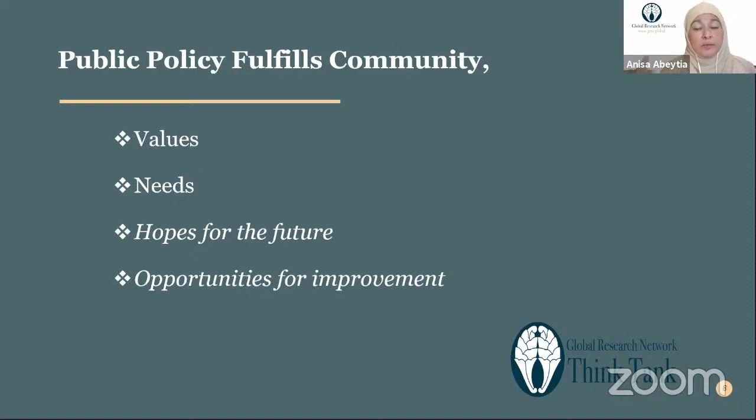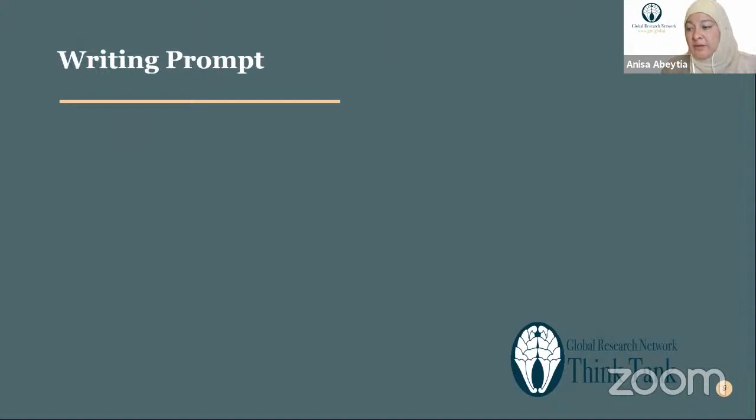Policy should fulfill the values of the community, the needs of the community, the hopes of the community, and provide opportunities for improvement, to be able to identify opportunities for improvement, and to be able to accept that there is something that needs to be improved. So with this, we'll get into the writing prompt.